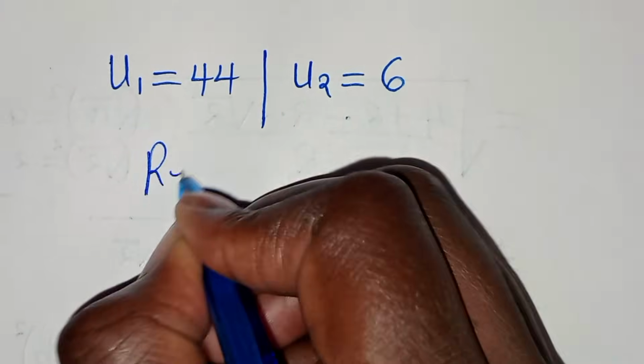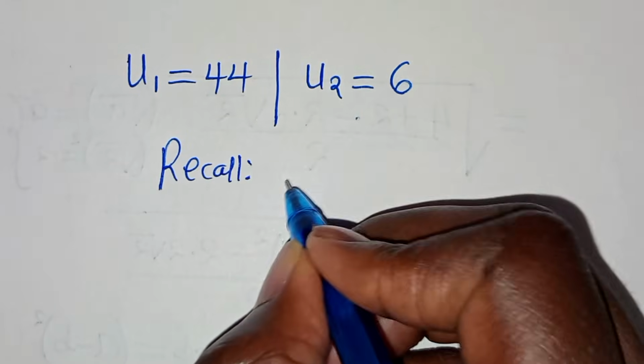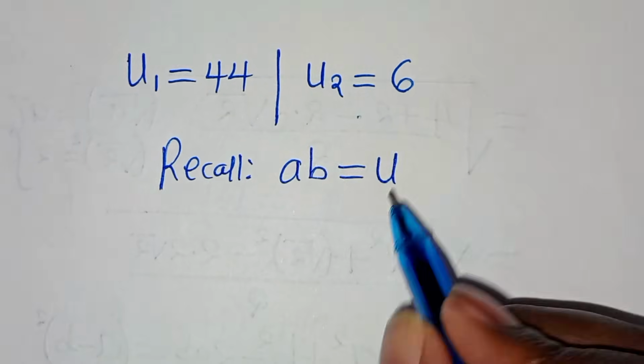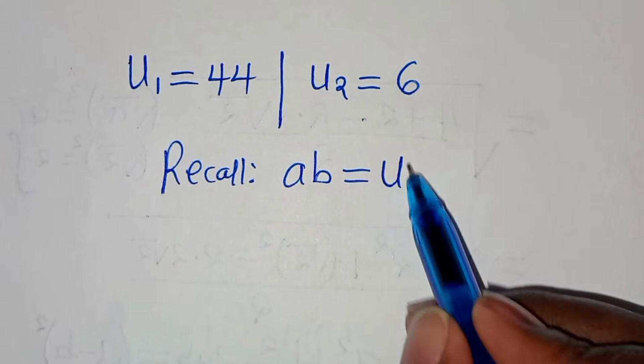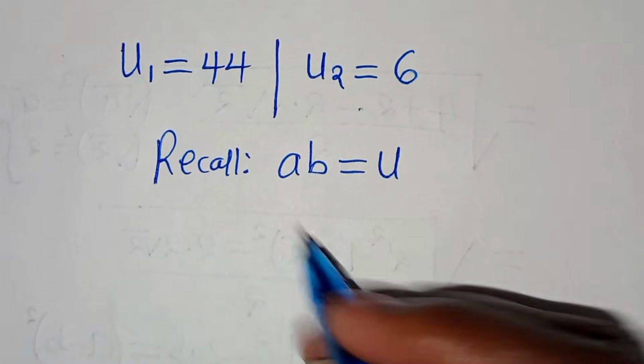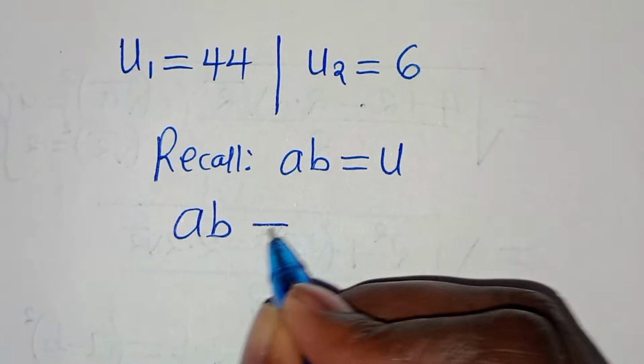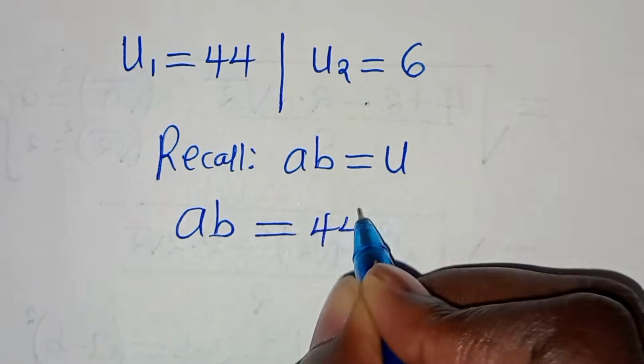If you recall, a times b, this is equal to u. And let ab equal to u. So let's substitute u1 first. ab, this is equal to 44.